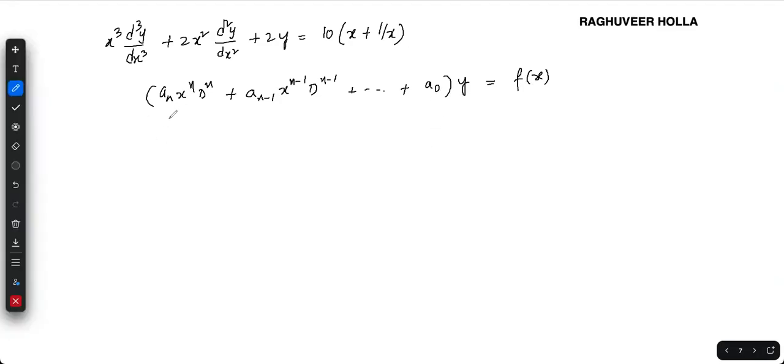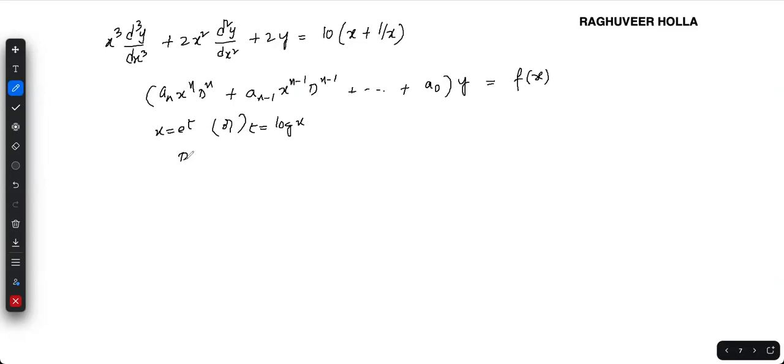Now here we present x as e to the power of t, and t will be log x. So let us have a look at the derivatives.